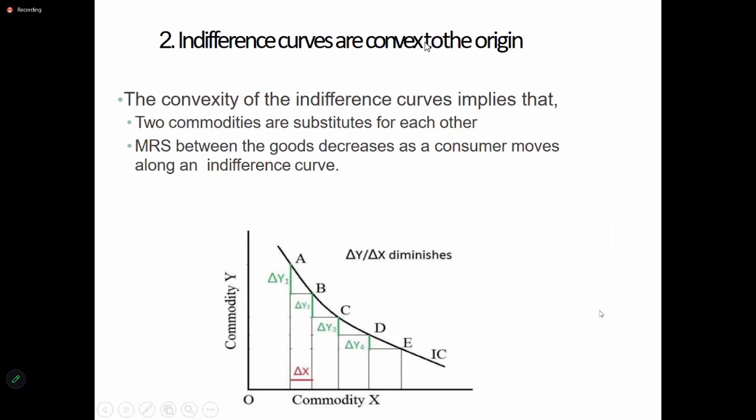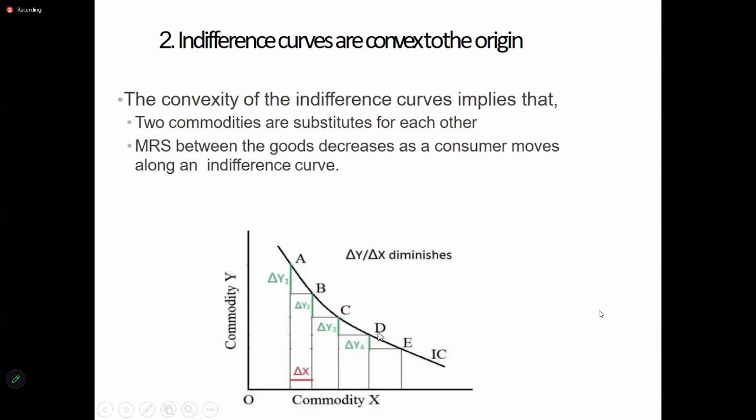See here, when I am just changing, some space should be there. Indifference curves are not concave, but here you can see convex to the origin, the shape.